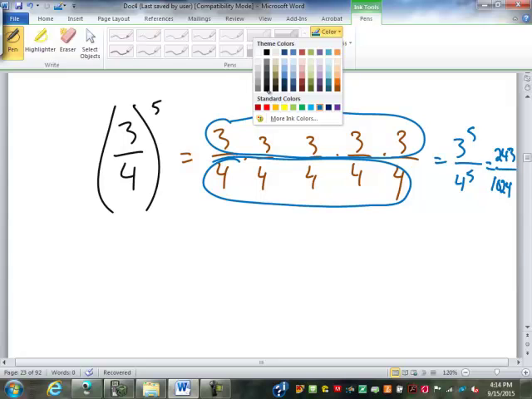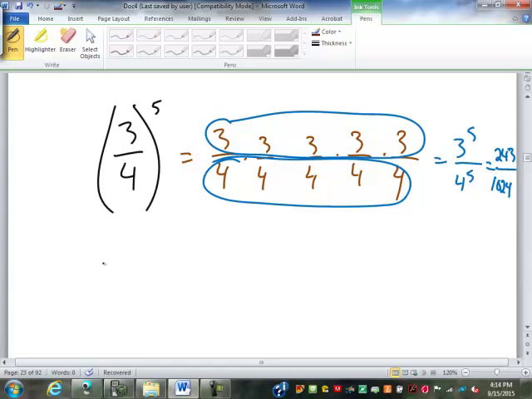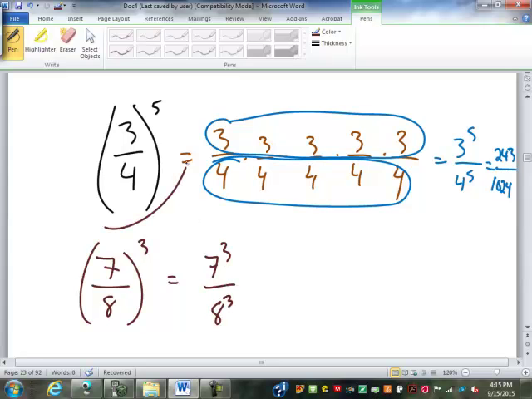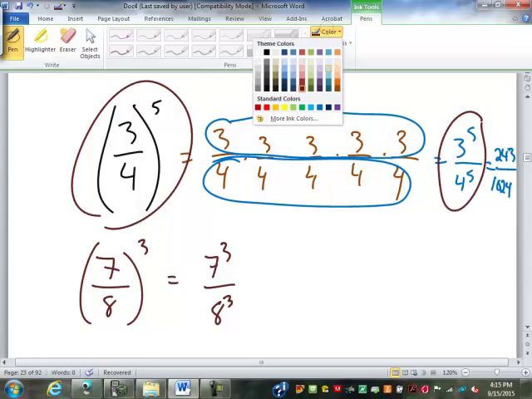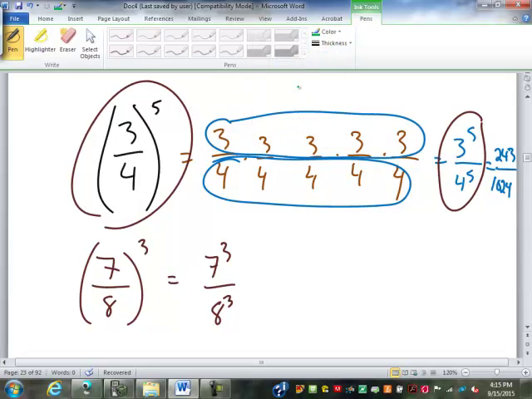So if I wanted to find the power of a fraction, let's say I had 7/8 to the 3rd power, all I really have to do is do 7 to the 3rd power over 8 to the 3rd power. As we saw here, 3/4 to the 5th became 3 to the 5th over 4 to the 5th. The same happens with any fraction. I can take the numerator and the denominator, each to that power.